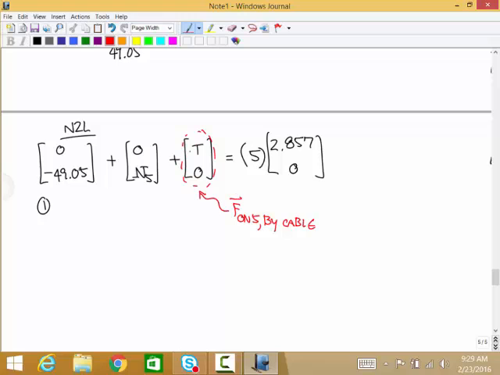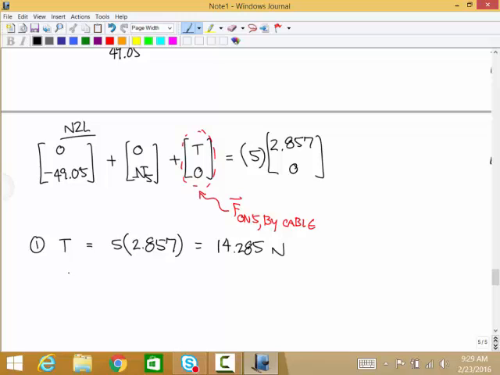And in order to find that, we need to figure out what that variable T is. So the first equation says T is equal to 5 times 2.857. What do you get if you multiply that out? Oh, I got it. 14.285 newtons.